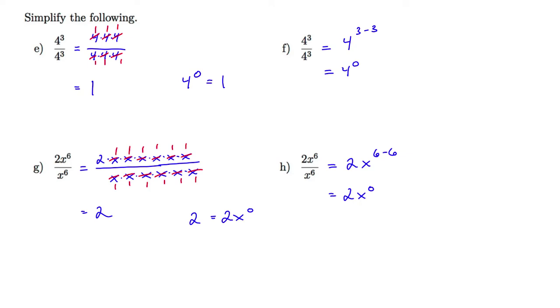The only way this can work is if that 2, the answer from the first side, is equal to 2x to the 0. But the only way that can be true is if 1 is equal to x to the 0. And that's basically our rule. Any non-zero number raised to the 0 power is equal to 1. 4 to the 0 is 1, and assuming x isn't 0, x to the 0 is also 1.